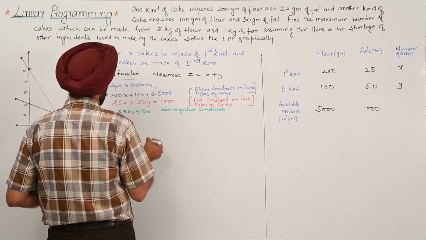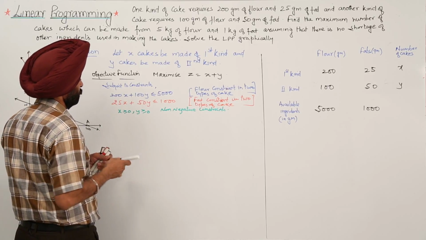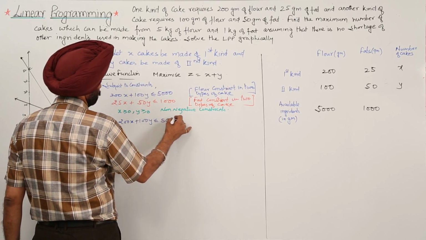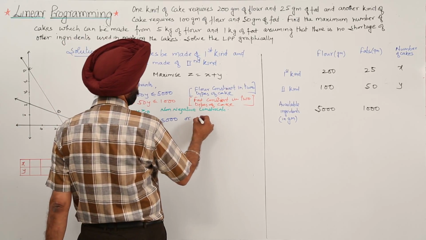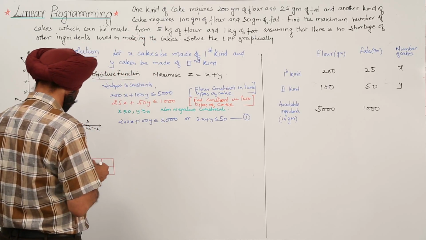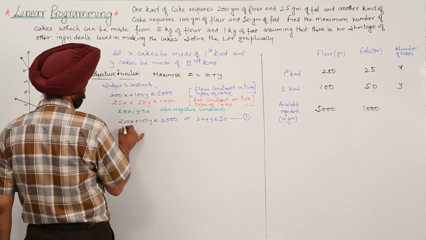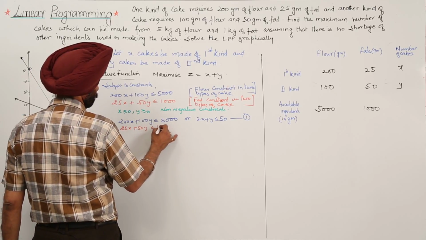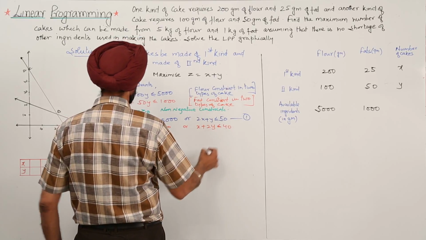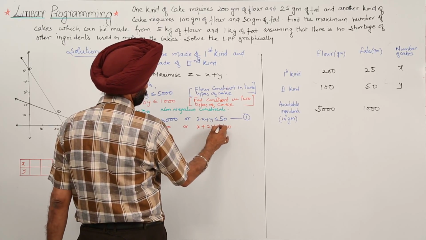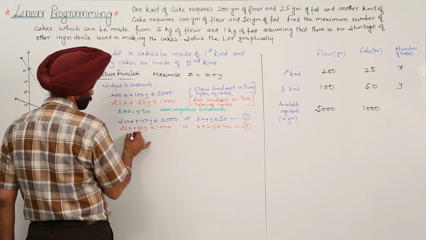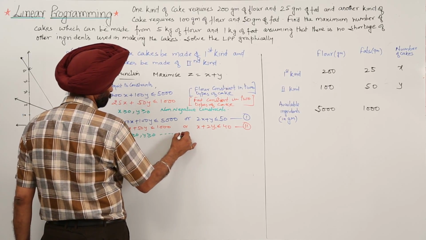Now this part we can write as 2x plus y is less than or equal to 50, number 1, or x plus 2y is less than or equal to 40, number 2, and number 3.